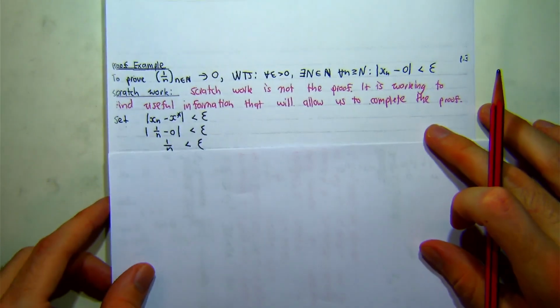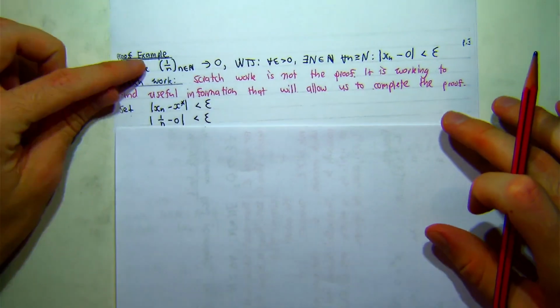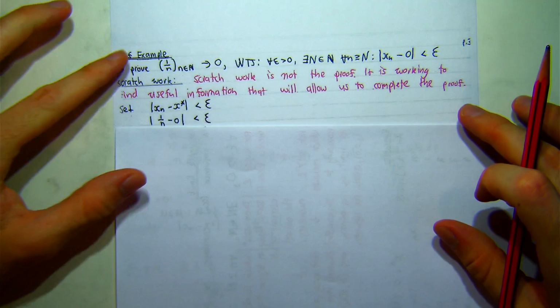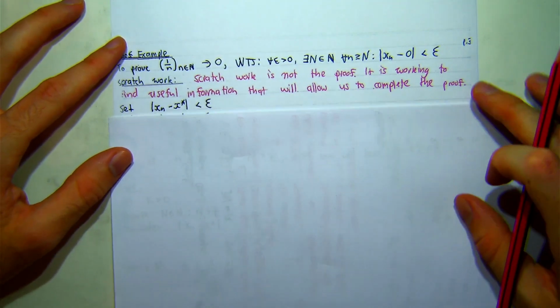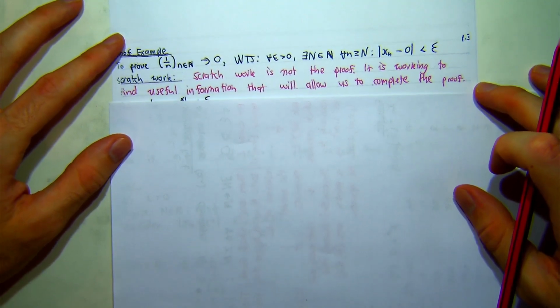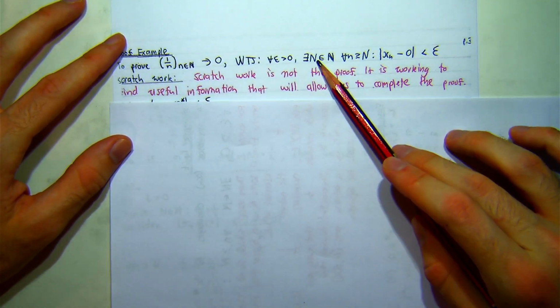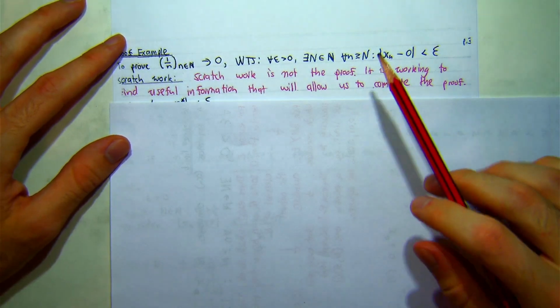So let's take a look at an example of that. If we're proving this 1 on n sequence goes to 0, the first step that we want to do is figure out what relationship between epsilon and n there is that satisfies the definition.